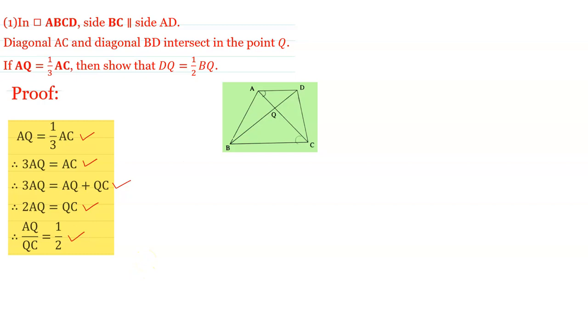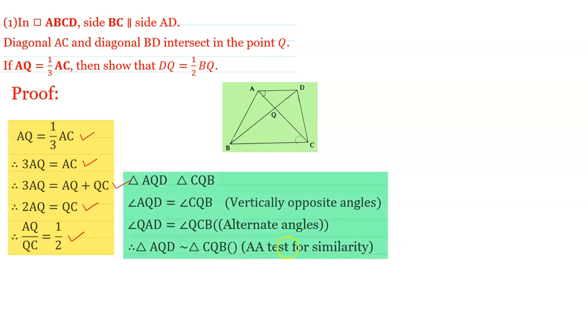Now the next. Now consider the triangle AQD and the triangle CQB. In these two triangles, angle AQD and angle CQB are the vertically opposite angles.